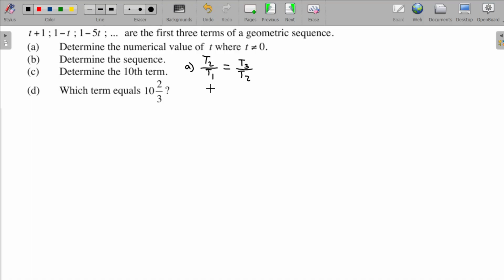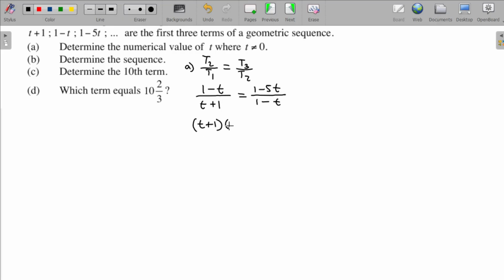Now my T2 again is 1 minus t, all over T1, which is t plus 1, is equals to T3, which is 1 minus 5t, all over T2, which is 1 minus t. Again, from there, we do what we call a cross multiplication, and then brackets are going to be very, very important.